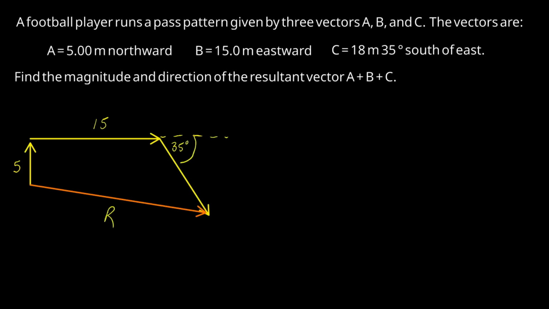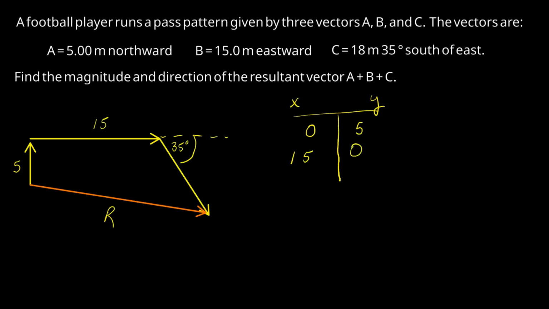So this is my resultant. All right, let's do an XY table again. In the first vector, he's changing 0 amount on the X. He's changing 5 on the Y. On the second vector, he's changing 15 along the X and 0 along the Y.